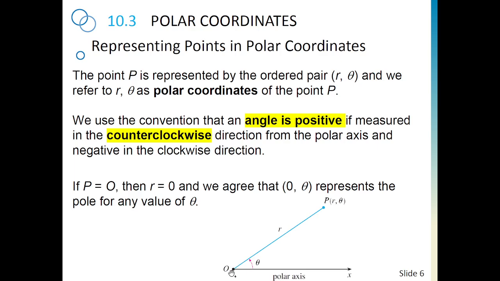In that case, this is just the center of the system, and the angle is free to be any real number. Usually we go from 0 to 2 pi, but actually the angle can be any real number, so it could also be negative, positive, etc.